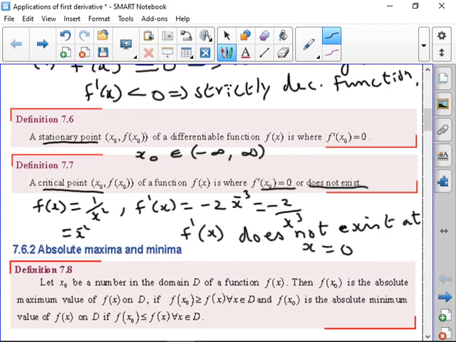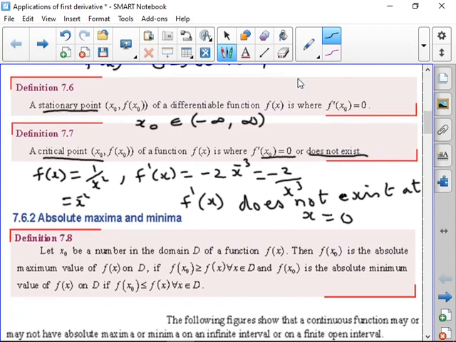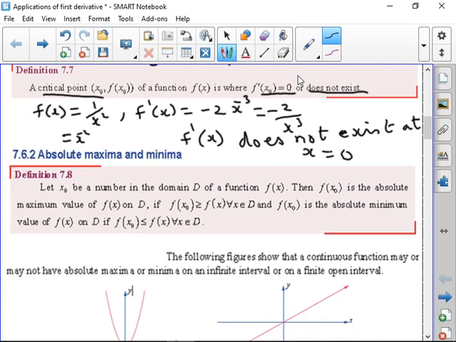So, can you understand? You should remember a point. Every stationary point is a critical point, so we will write like this: stationary point is a critical point.